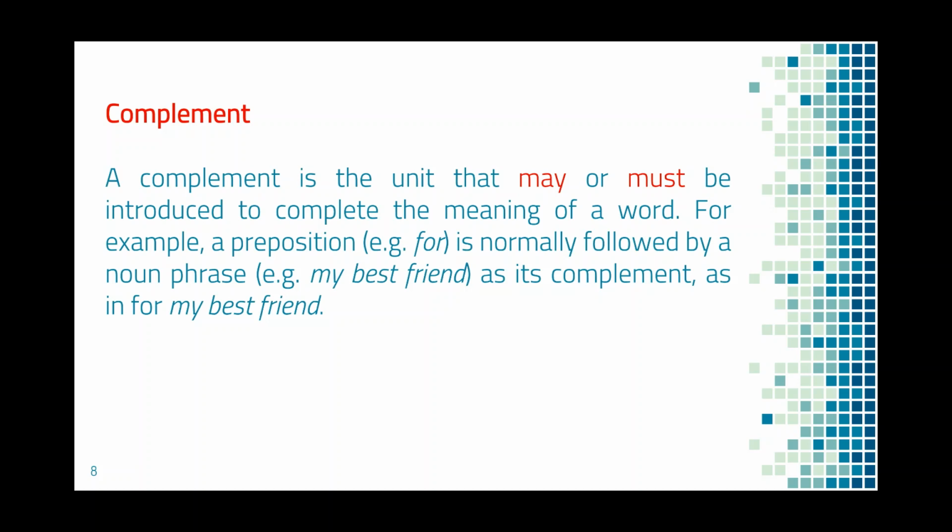For instance, a preposition such as for is normally followed by a noun or phrase such as my best friend as its complement. So both parts, the preposition and the noun or phrase, constitute a complement for my best friend.